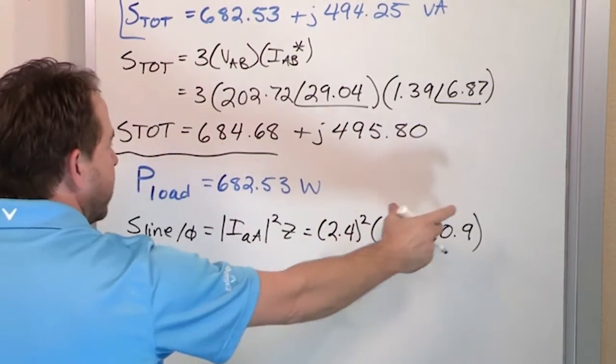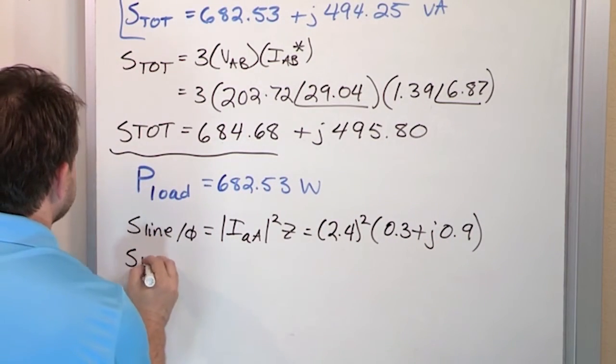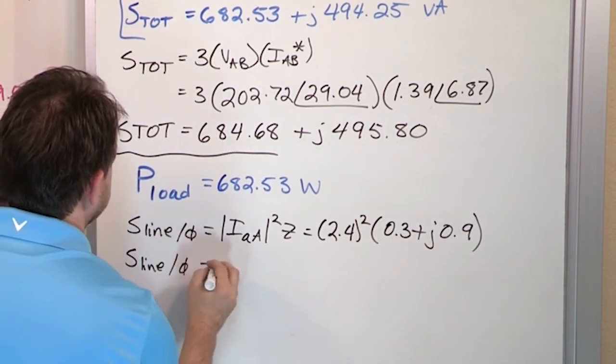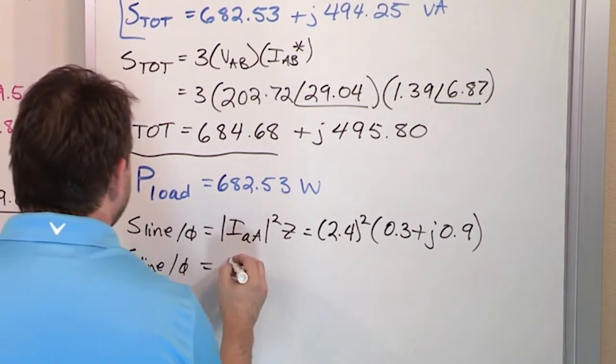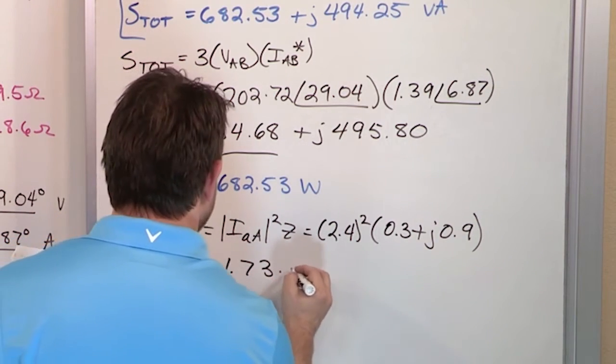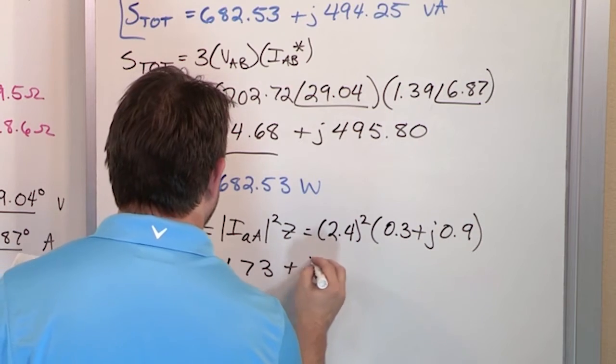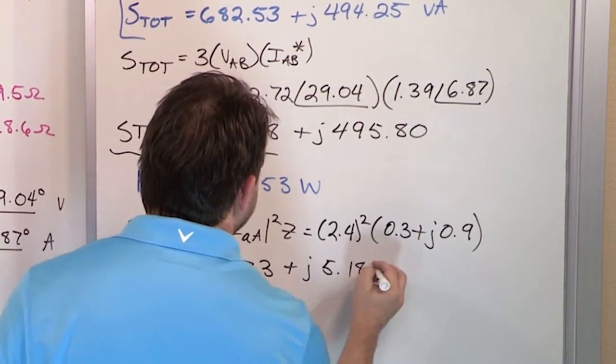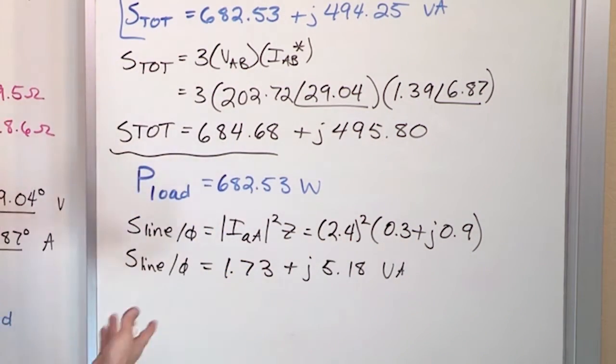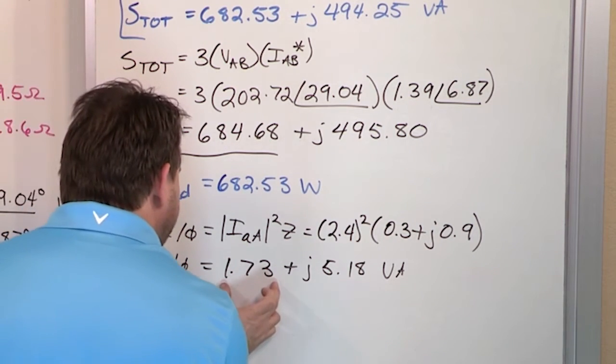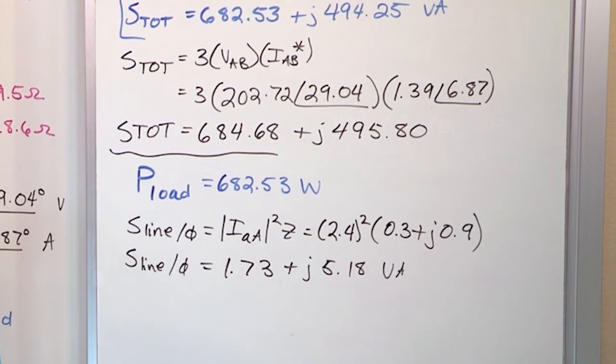Okay, so you have this squared times this, so the power in the line per phase is going to be equal to 1.73 plus j5.18 VA. Now this is per phase. This is just for that one phase. This is the real part of the power in the A phase.